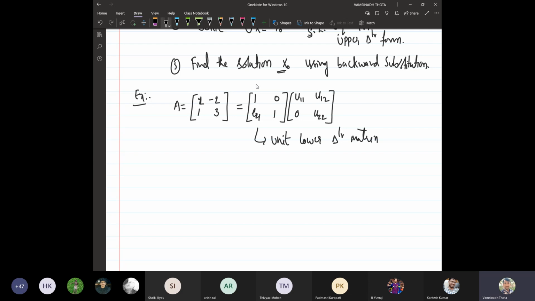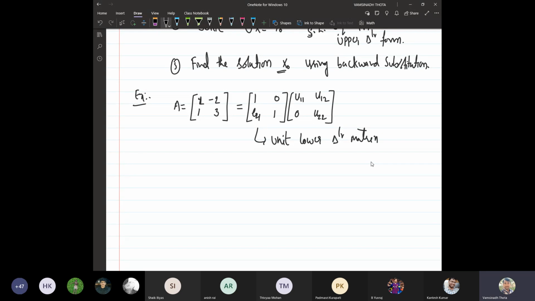Some might ask, sir, why are we considering 1, 1 here? Why don't we consider 1 for U11 and U22? Of course, we can do it. There are different ways. It can be done.